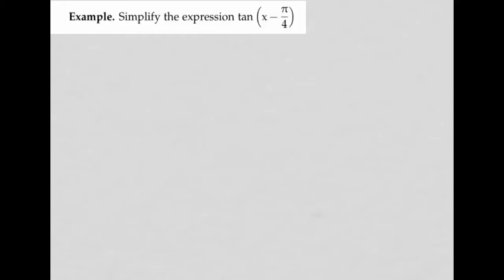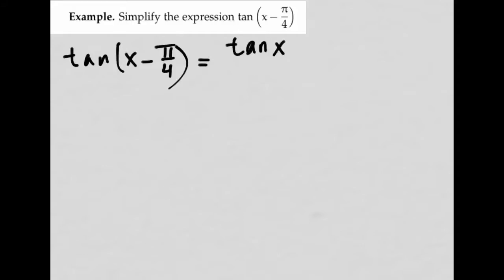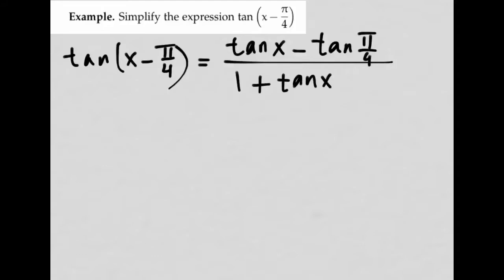Next, let's simplify the expression tan of x minus pi over 4. For that, I'm going to use the difference formula, or the subtraction formula, for tangent. So tangent of x minus pi over 4 is tangent x minus tangent pi over 4, divided by 1 plus tangent x times tangent pi over 4.